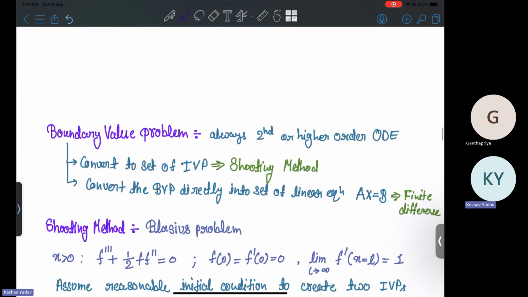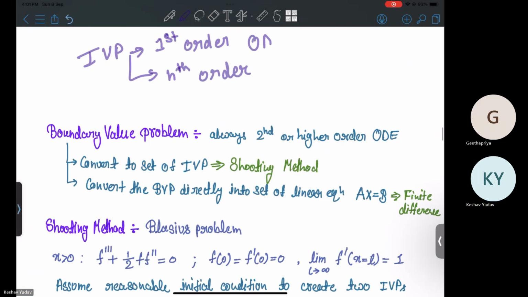So till now, what have we seen? We have seen the initial value problem, first order and also any nth order. Now we move toward the boundary value problem.